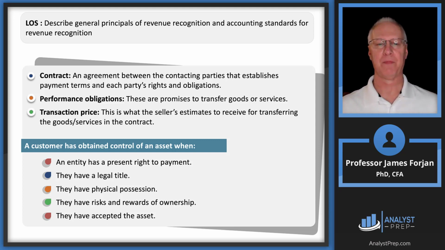So let's finish this up here. Customer has obtained control when the entity has a present right to payment, right? Legal title, physical possession, risk and rewards of ownership, and they have accepted the assets. So I've sold you all of my Honeycrisp apples, and you have paid me cash. I don't really think there's a legal title, but we could probably put together legal title of apple ownership.